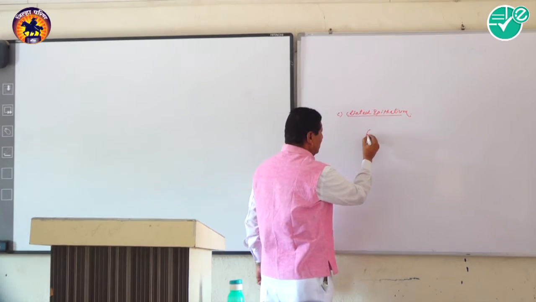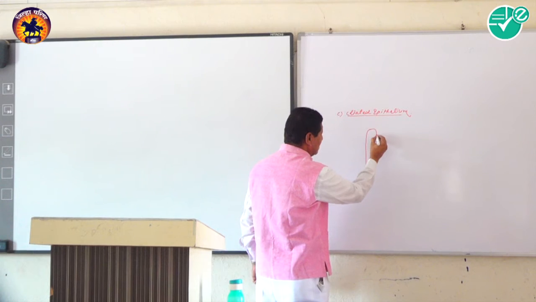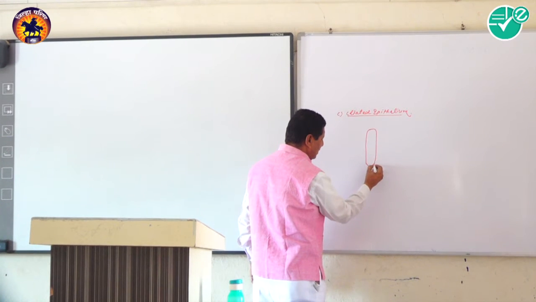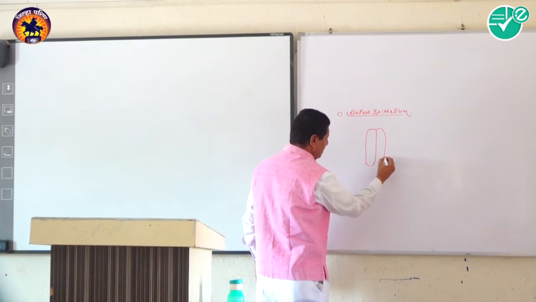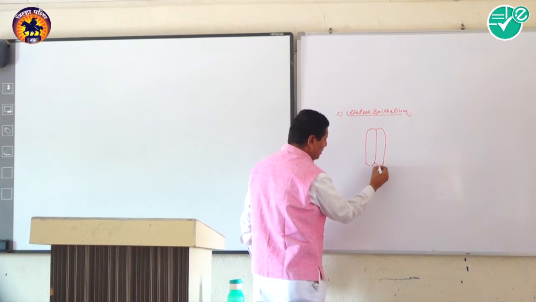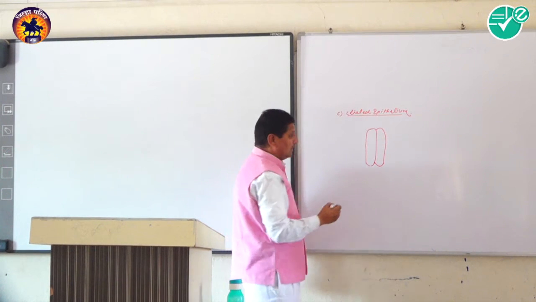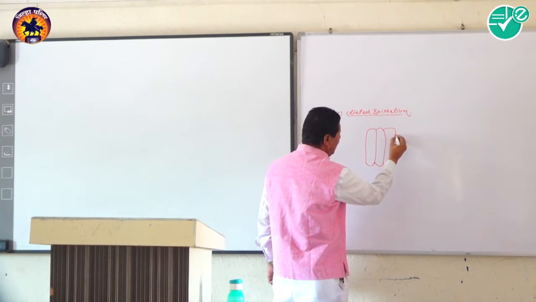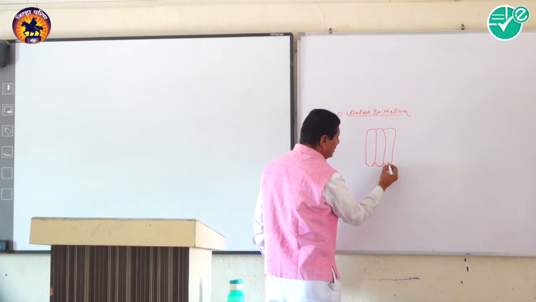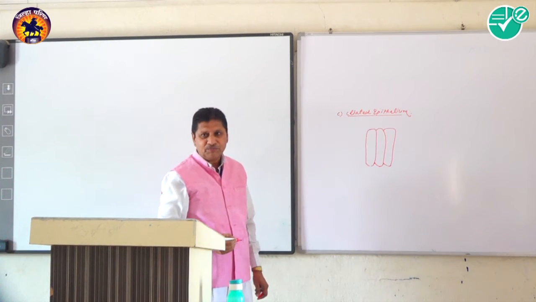You know very well the columnar epithelial cells are tall, elongated, with a narrow basal end and a flat, wider anterior end.